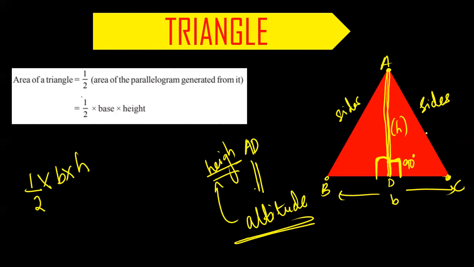Sides AB and AC are not heights. This is a commonly made error, that AB and AC are considered height, but only AD, or the perpendicular from the opposite vertex, is the height. And so the area is half into base into height. Another point mentioned here is half into area of the parallelogram, which I'm going to show you soon.